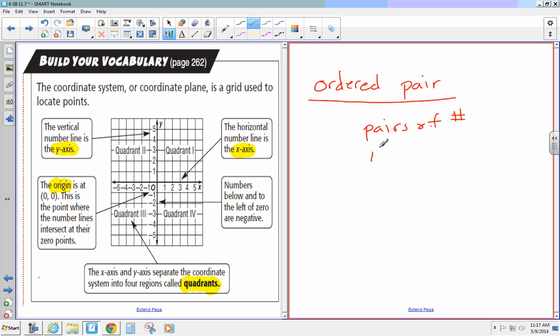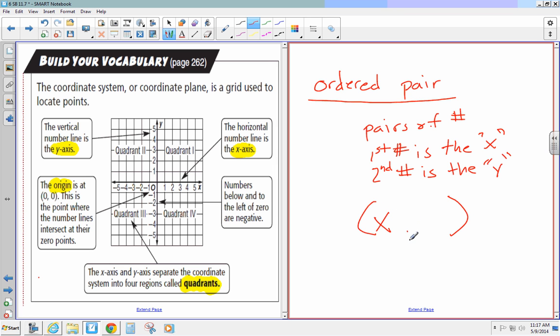The first number is the x. The second number is the y. So here's an ordered pair with an x there and a y there. So that should be an added vocabulary term for you to use.